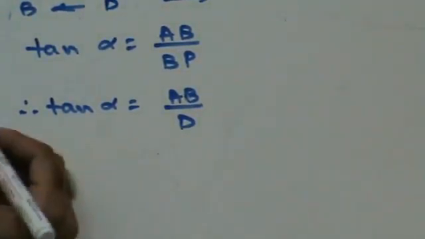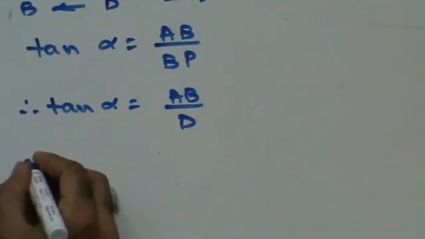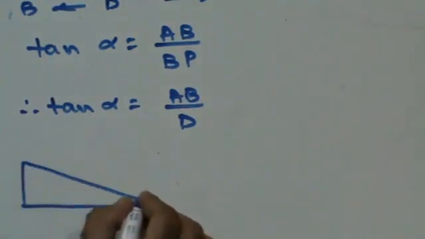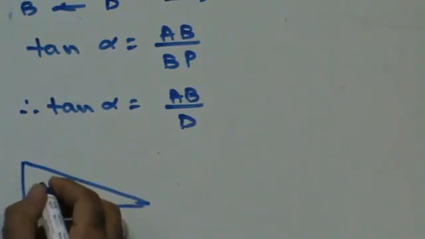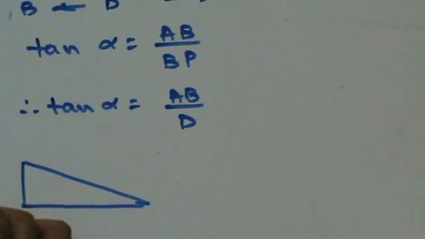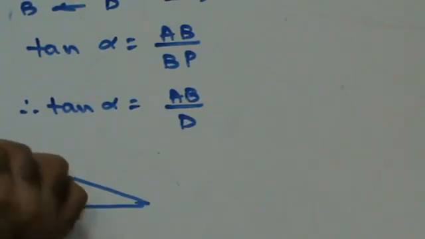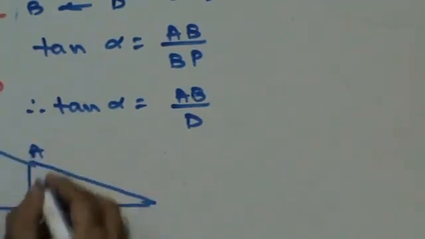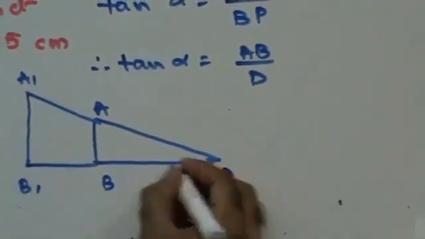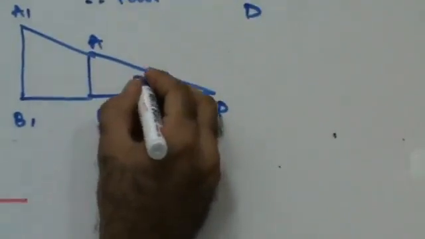Similarly, for the simple microscope, we have this diagram wherein this is AB, this is A1, B1, this is P, and this angle we had assumed as beta.